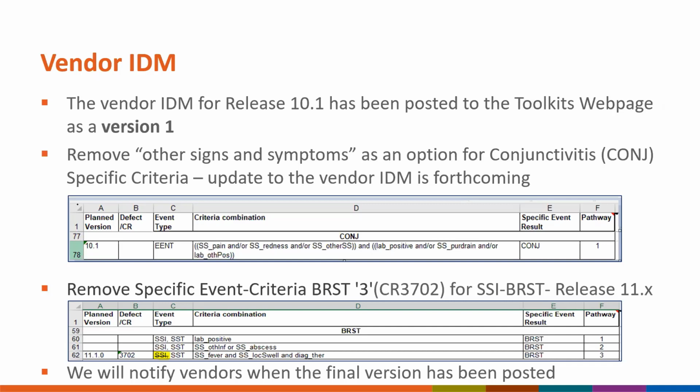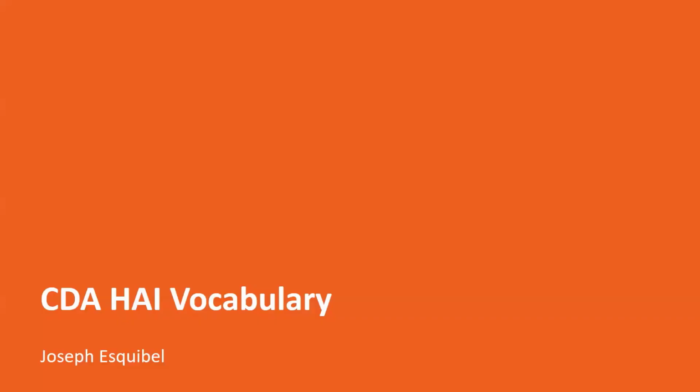We will notify you when the final versions of these IDMs are posted. The interim version for conjunctivitis and the vendor IDM for the winter release. We're still working on those. Amy, next slide.